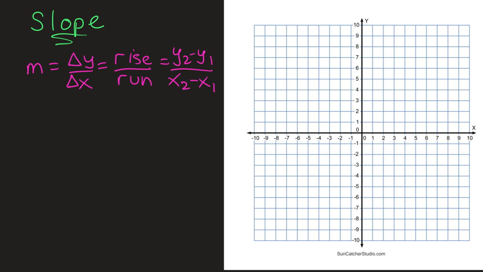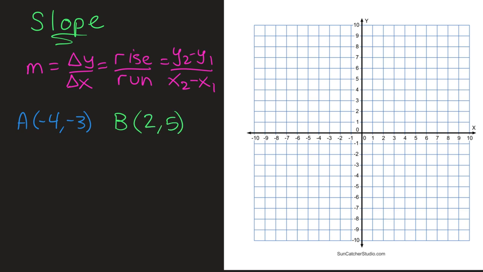My example is the points. Point A is negative 4 comma negative 3. And B, I'll put in green, is the point 2 comma 5.